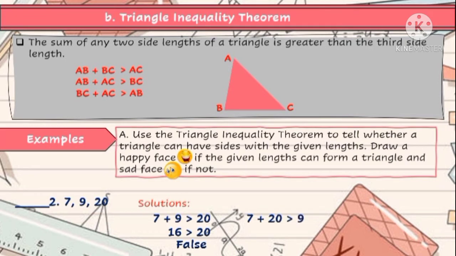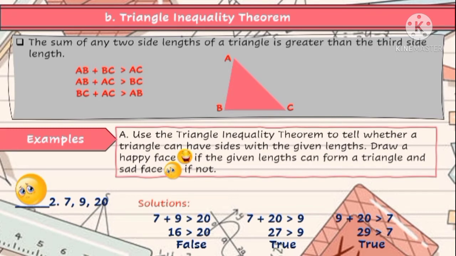Another solution, let's add 7 and 20, which should be greater than 9, which is true. And lastly, let's add 9 and 20. This is greater than 7, which is true.